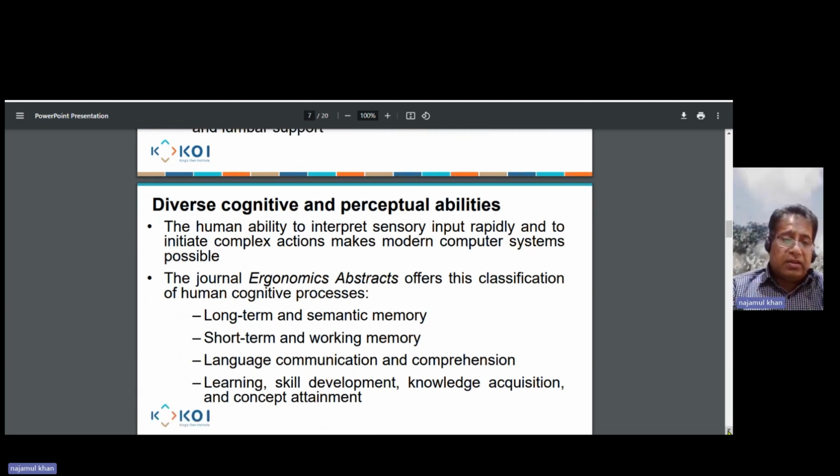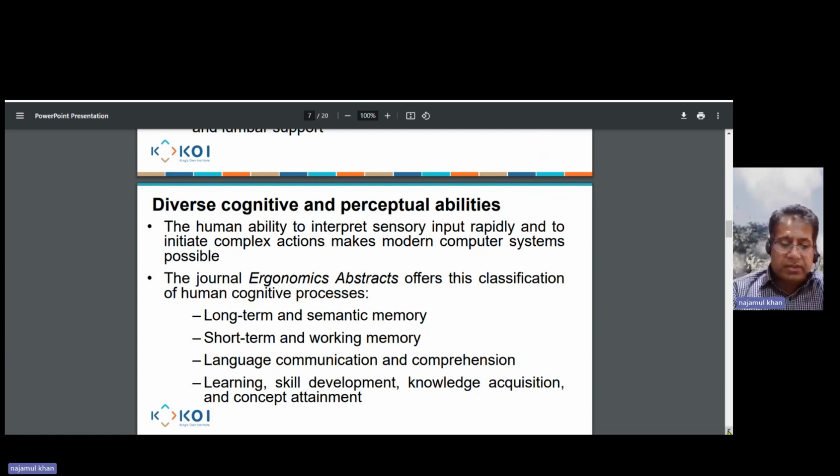We're looking at short-term and semantic memory, short-term and working memory, language communication, comprehension, learning, skill development, knowledge acquisition, and concept attainment. These are important factors, which play an important role from the human cognitive perspective.